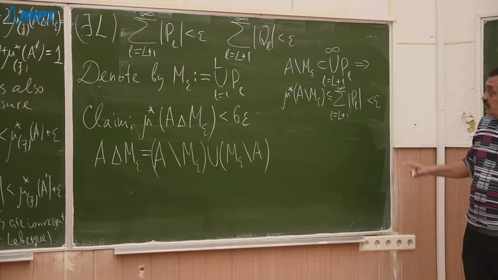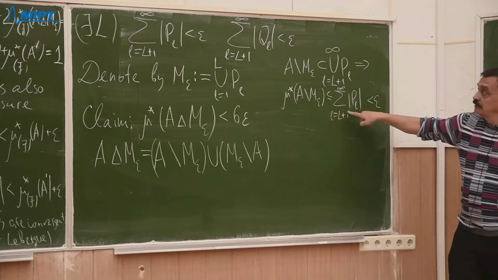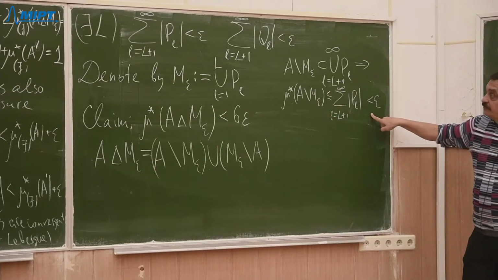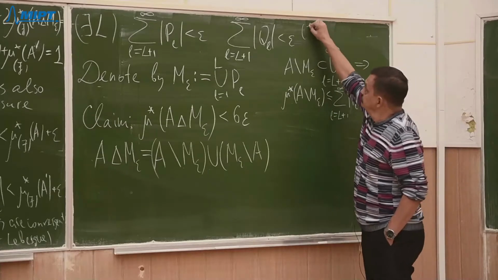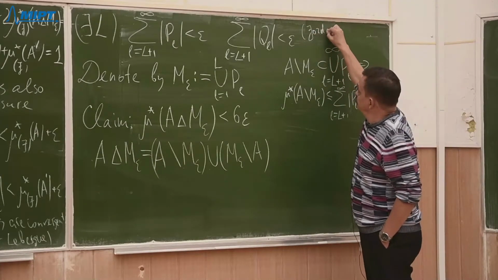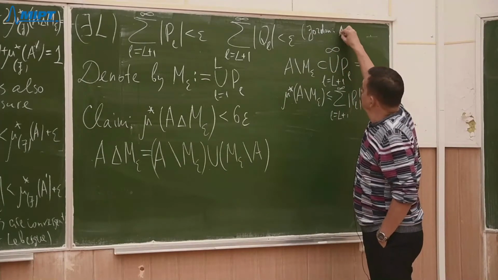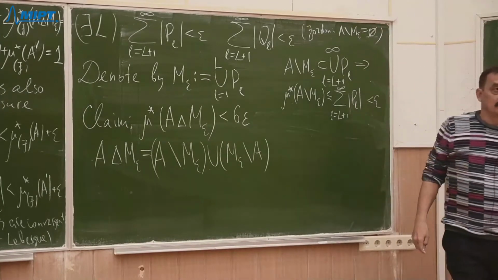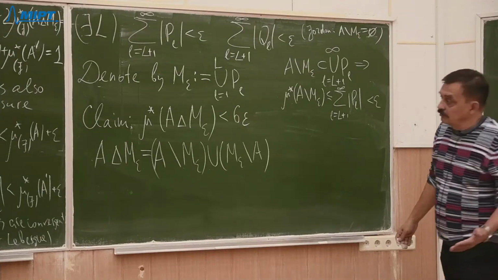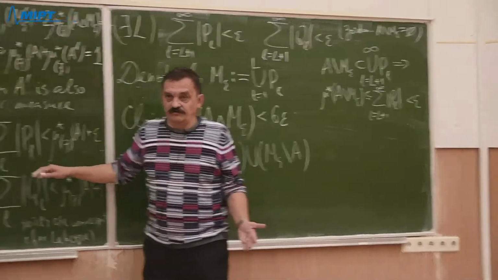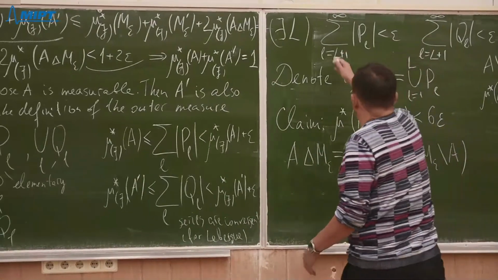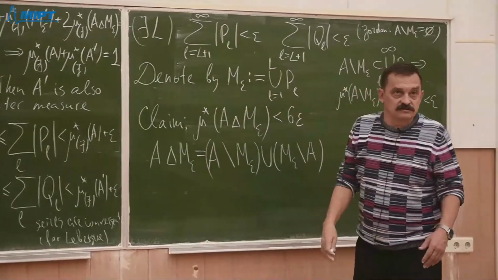So, once again, that is for Lebesgue. And for the Jordan case, A minus M epsilon is empty. Why? Because we have no series at all for the Jordan case. So we don't need to consider any such remainders and so on.